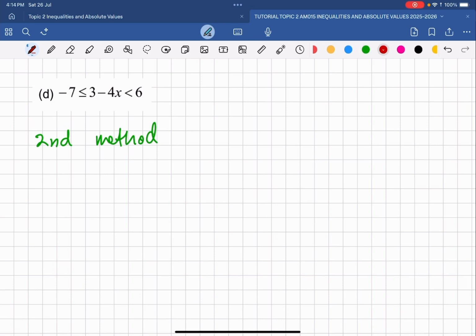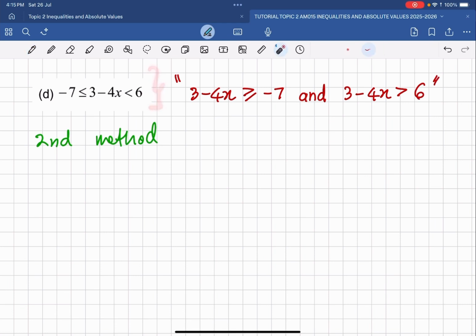If you're reading this compound inequality in maths, we are going to read it as 3 minus 4x greater than or equal to negative 7, and the operation is and, 3 minus 4x is less than 6. This is how we read this.